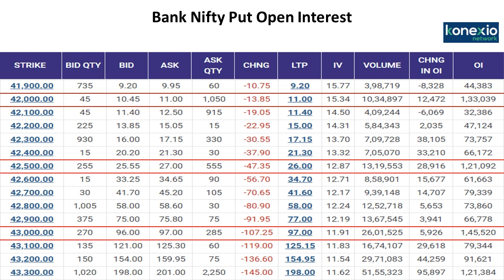It is between 11.91 and 15.34. There is a rise in the open interest. There is a rise in the volumes. So definitely, on an immediate basis, we can see that 43,000 could act as an immediate support. If it breaks, then there are chances that Bank Nifty can dip down to the levels of 42,500.